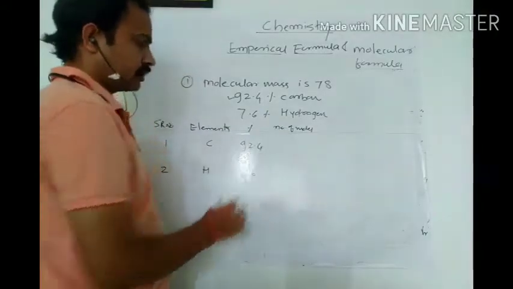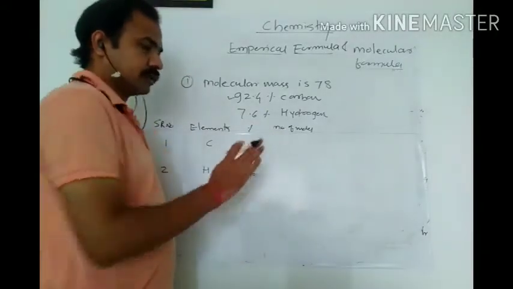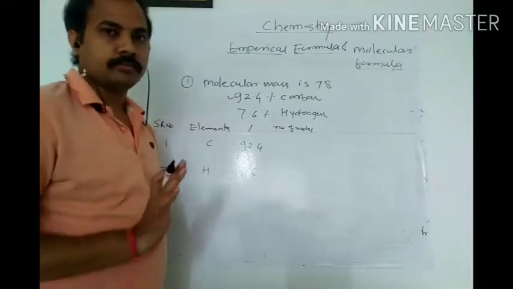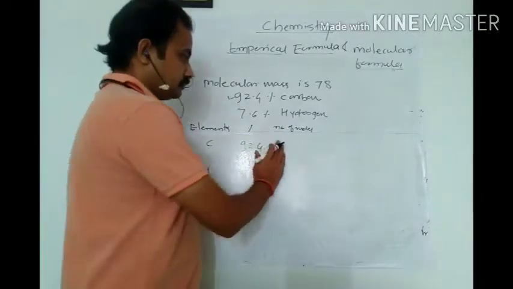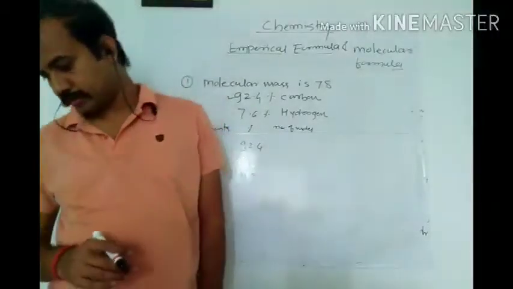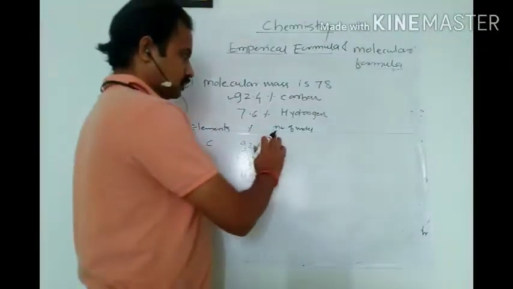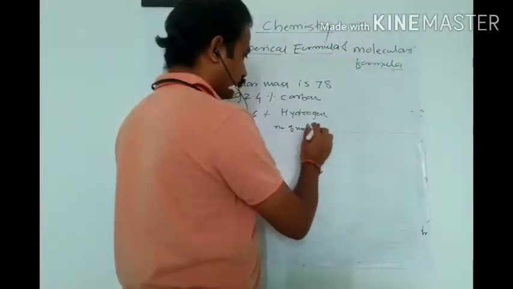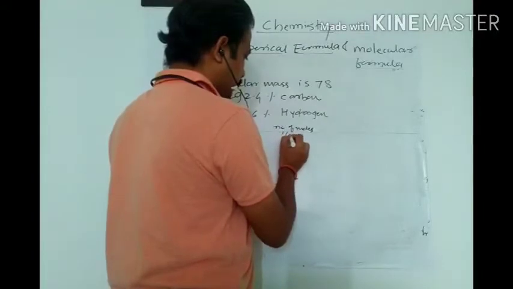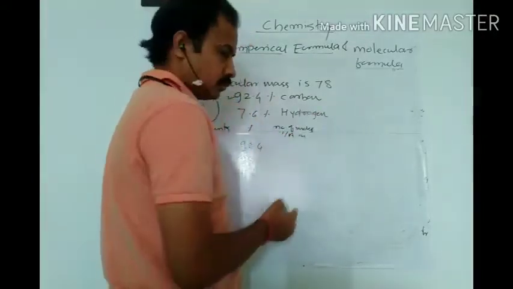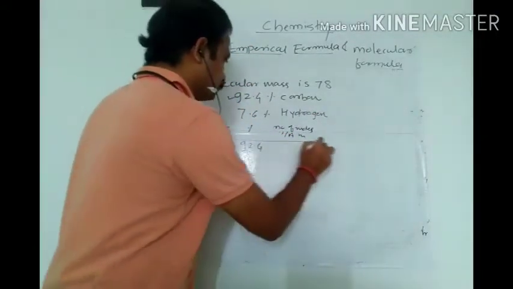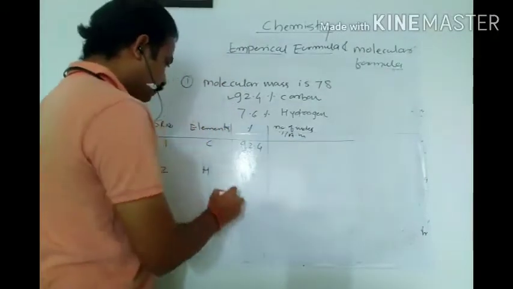Now how to calculate the number of moles? The number of moles is nothing but the percentage divided by the atomic mass. Using this formula, I will complete this table.